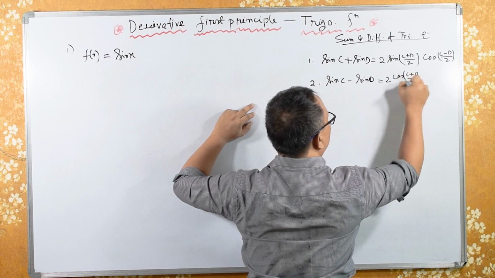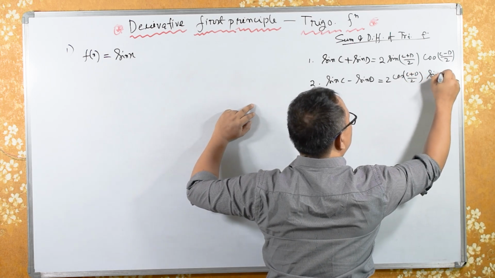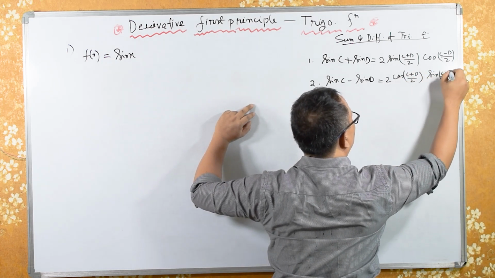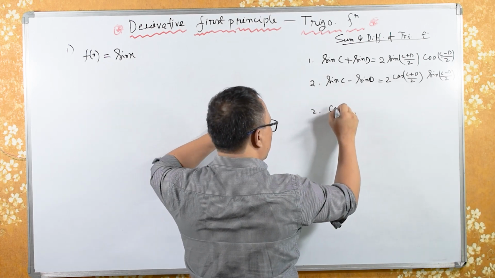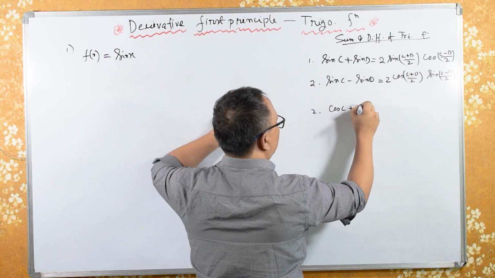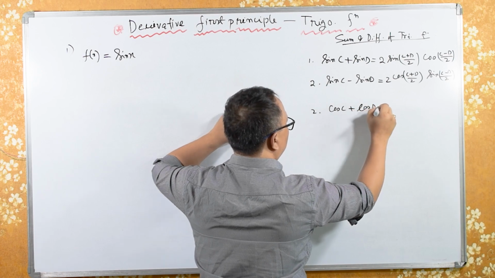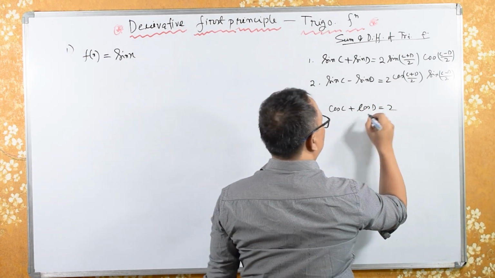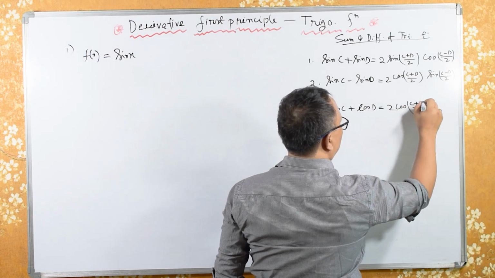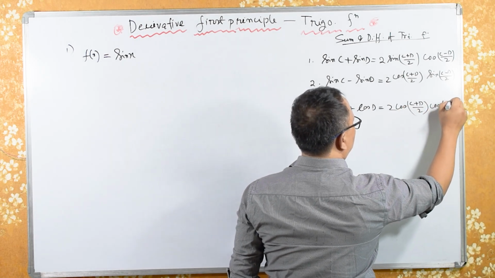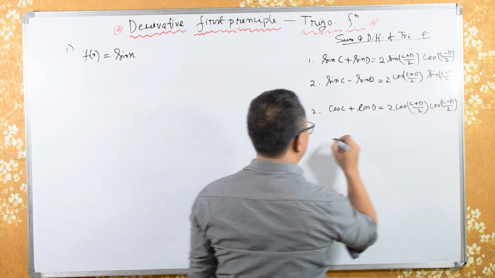If it is sin c minus sin d, then 2 cos of (c plus d) upon 2 times sin of (c minus d) upon 2. If it is cos c plus cos d, then 2 cos of (c plus d) upon 2 times cos of (c minus d) upon 2.